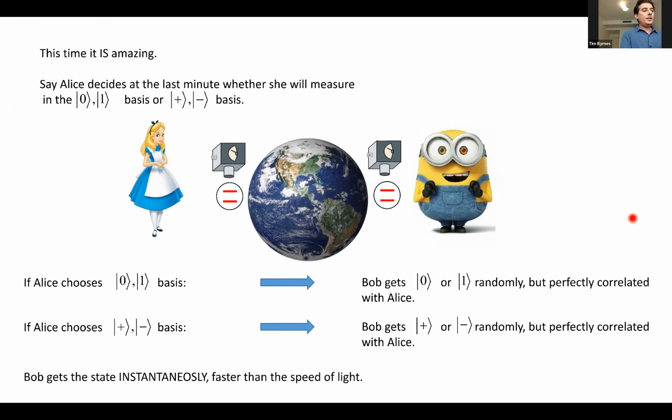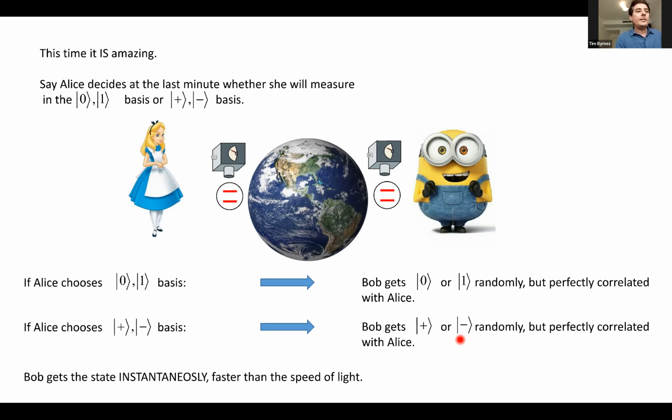And if she chooses the 0, 1 basis, then Bob will get either 0 or 1, depending on what she gets. But if Alice chooses the other basis, the plus or minus basis, then Bob will get plus or minus states. Okay, these are also random, but these will be the states that we get.